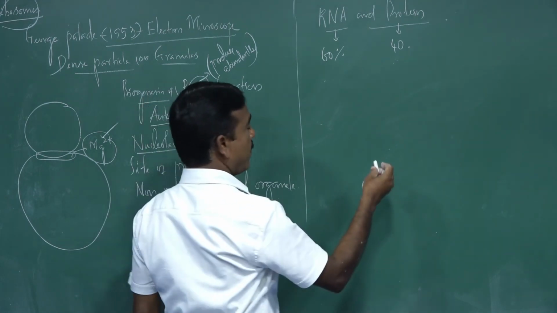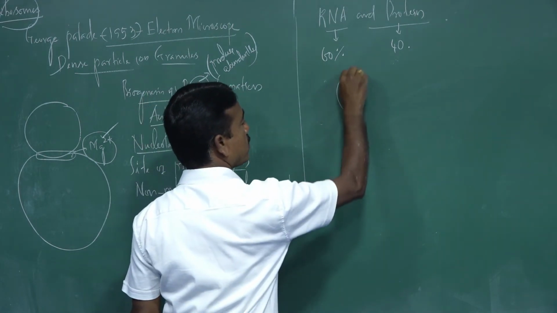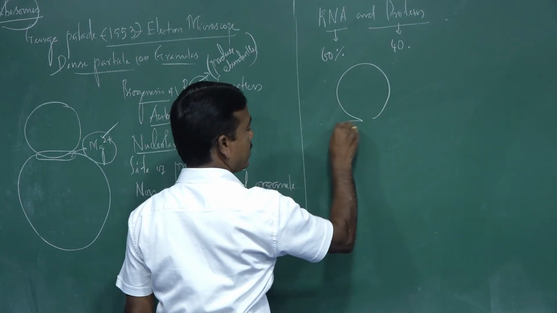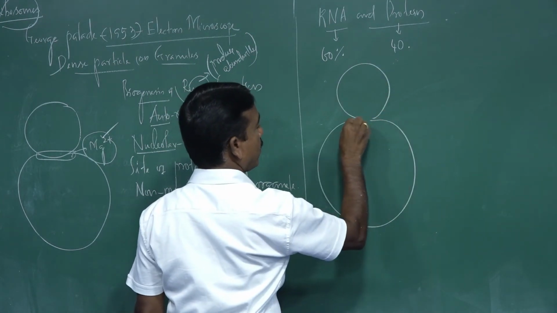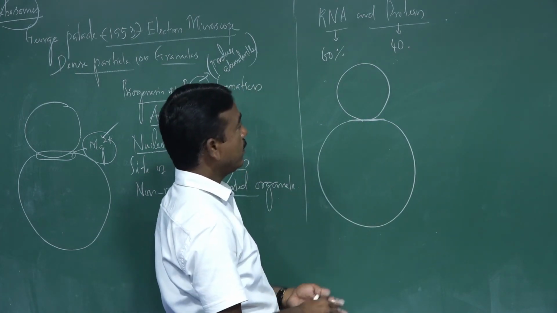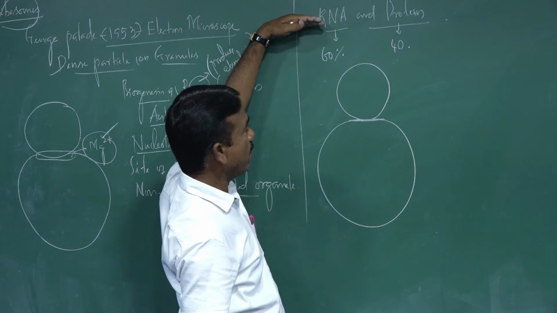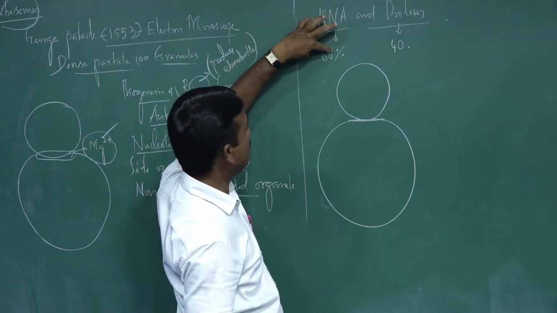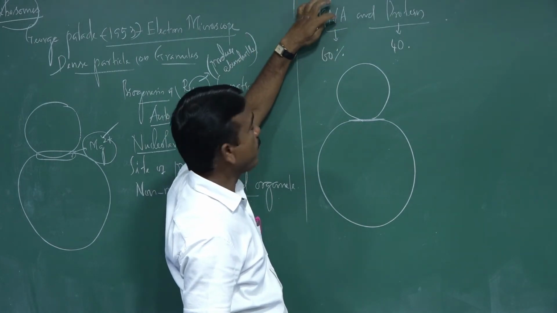During protein synthesis, as I already indicated, there are two subunits made of RNA and protein, in amounts of 60% and 40%.